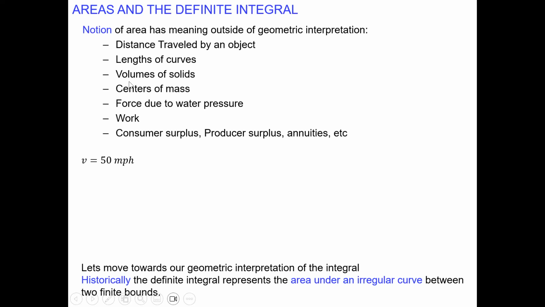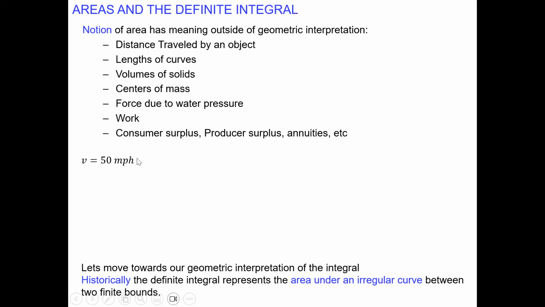Then the length of the curve, volumes of the solid, center of mass, force due to water pressure, for instance, work, consumer surplus, producer surplus, and other finance quantities. That means all of these, and we have more applications that we will actually use.